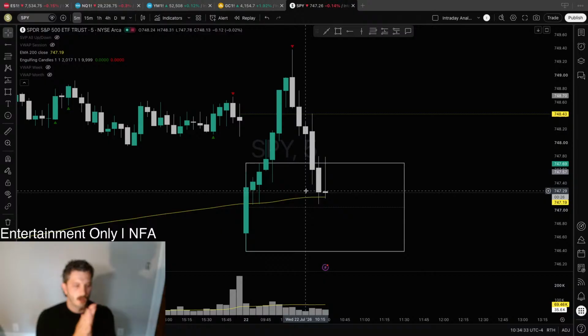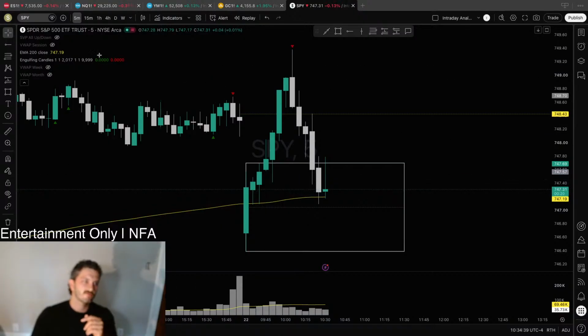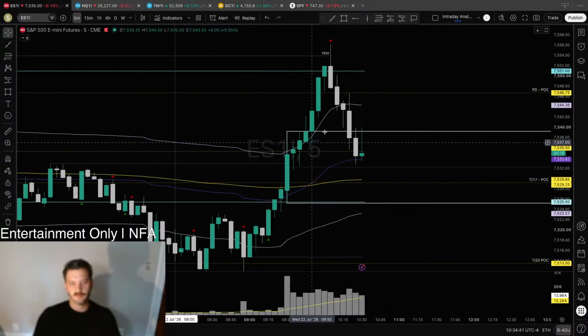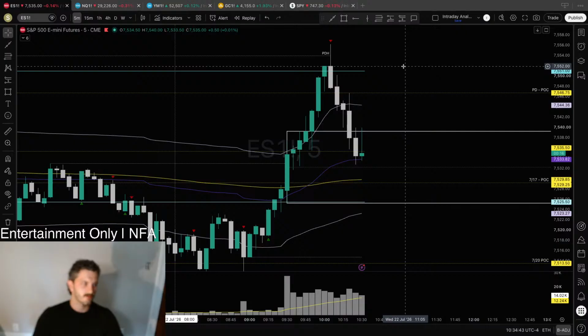Waiting because I think this might sell, especially with the take of previous day high here and this V-shaped sell-off since then. I think we sell off a bit. But we're just watching and waiting.